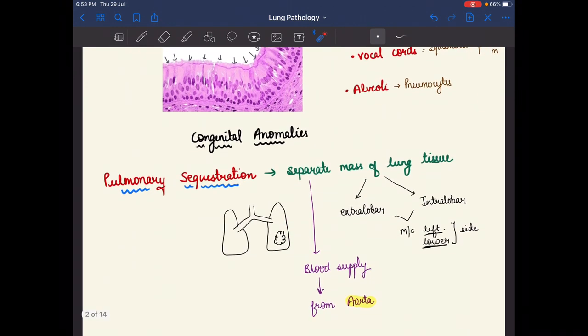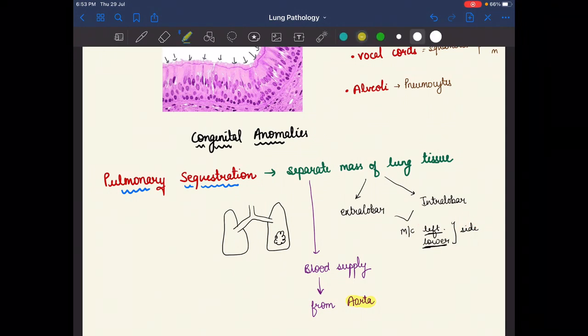Now the congenital anomalies. There is one congenital anomaly, that is pulmonary sequestration. In this there is a separate mass of lung tissue, which is either extralobar or intralobar. The most common side is the left lower lung, as I show in this diagram.